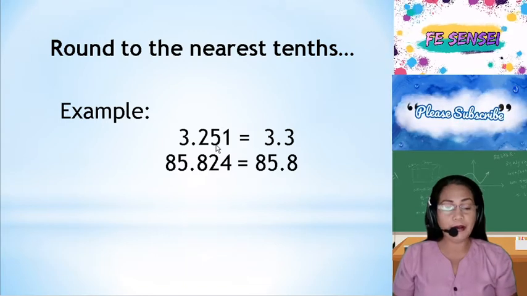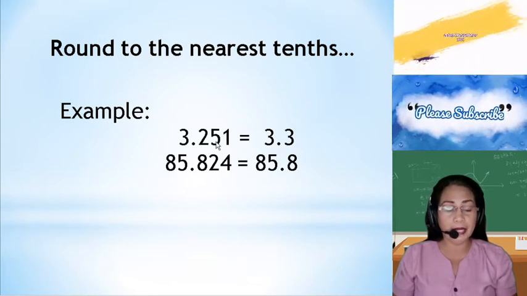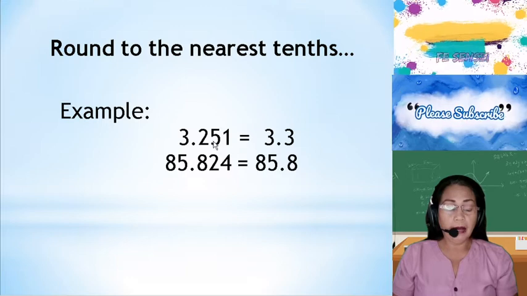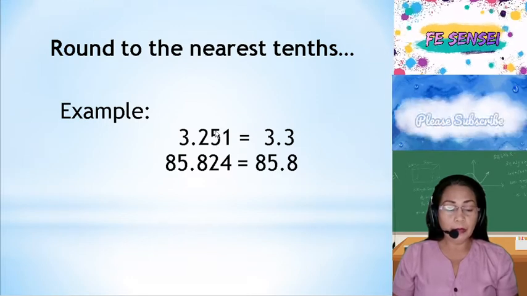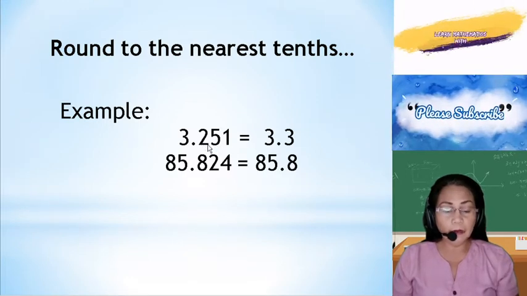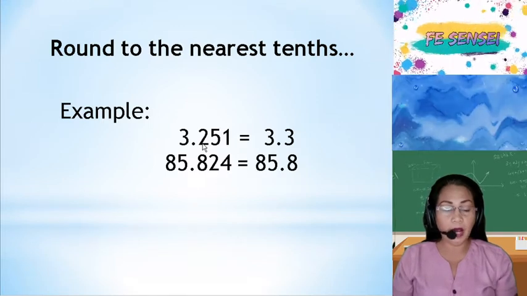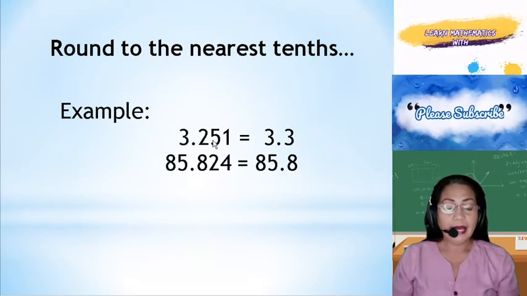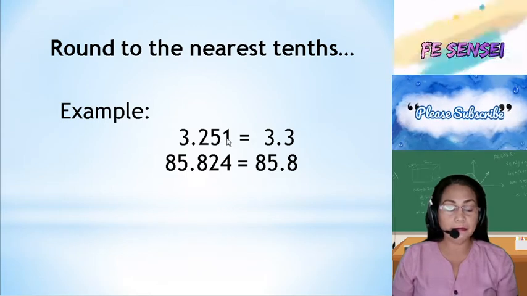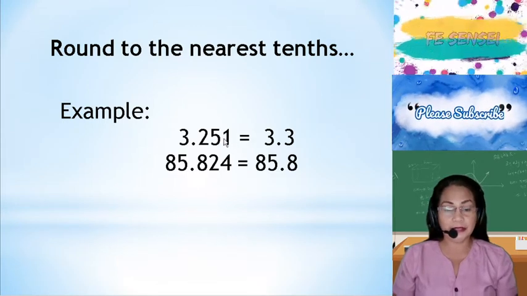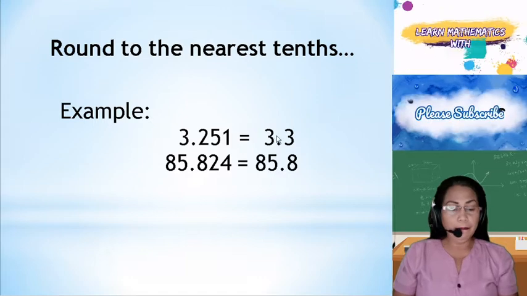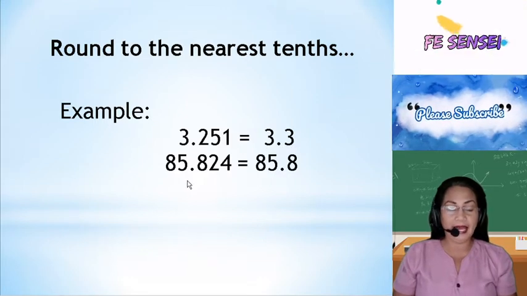Therefore, 5 is 5. So we add 1 to 2, and 2 plus 1 is 3, and drop these 2 digits. So the number is 3 and 3 tenths.